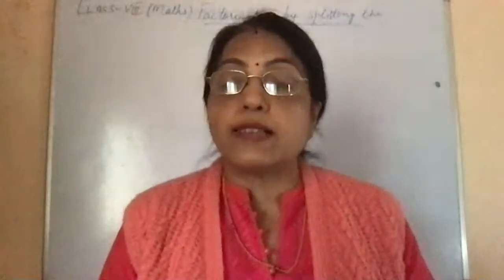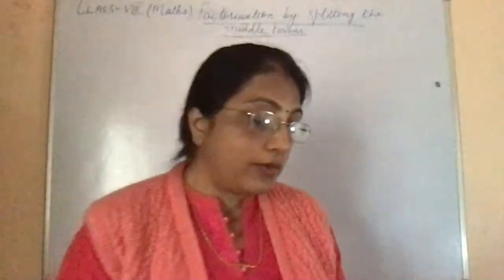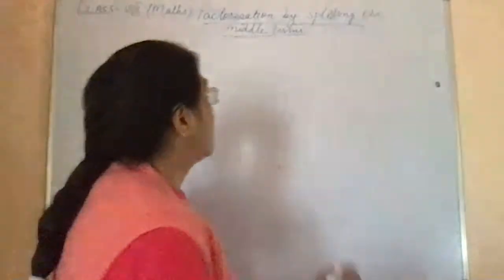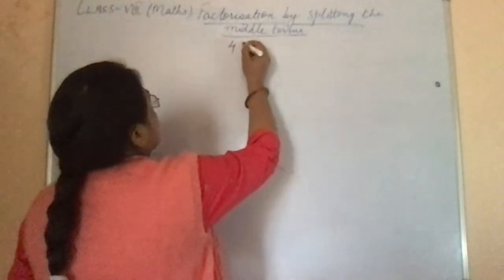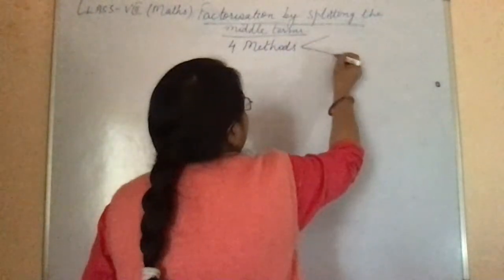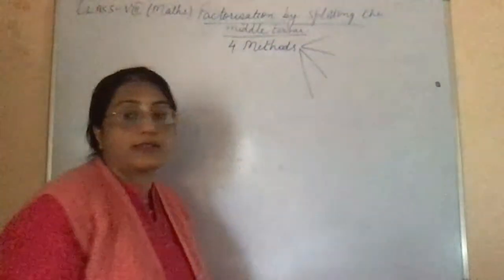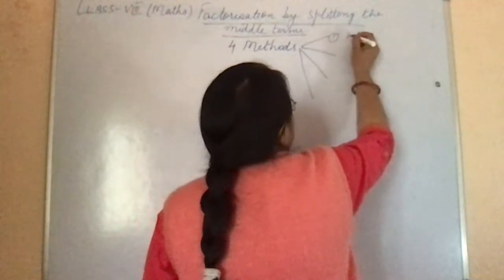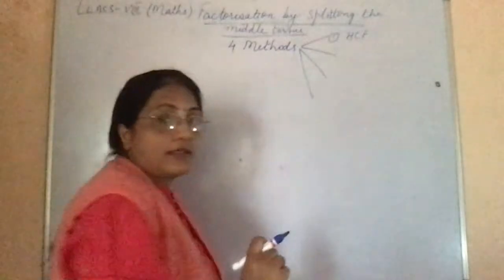Last day we have done factorization by using identities, and I hope all of you have understood. Till now we have done how many methods? We have done four methods. What are those four methods? By taking HCF, first one.